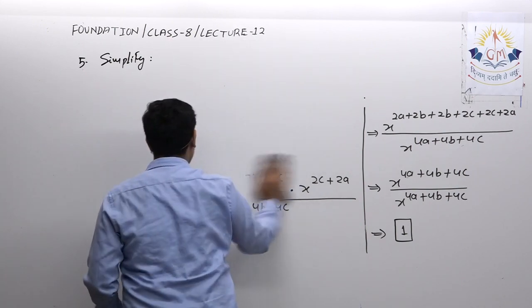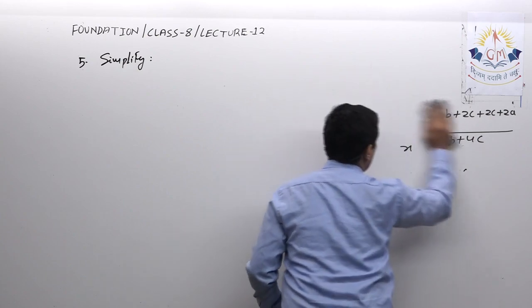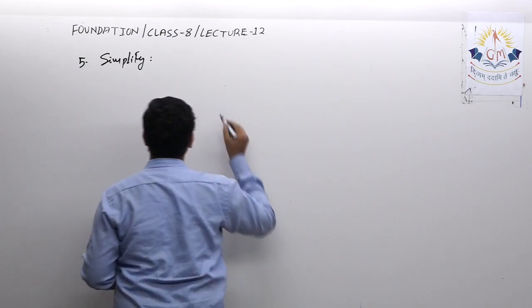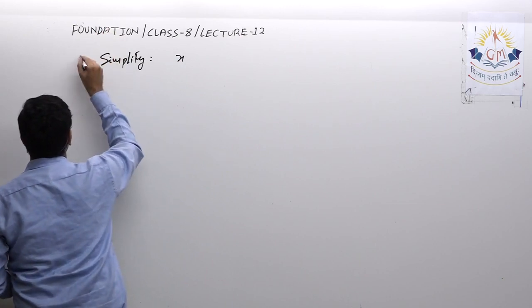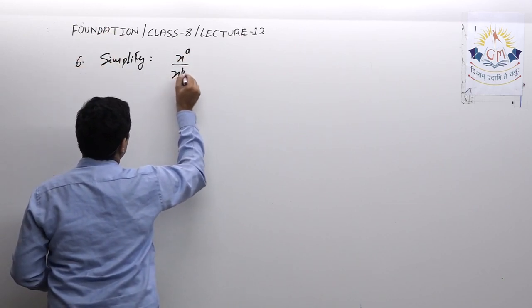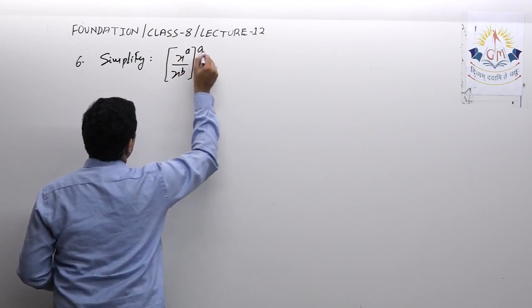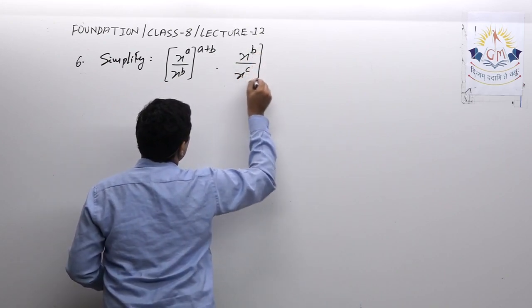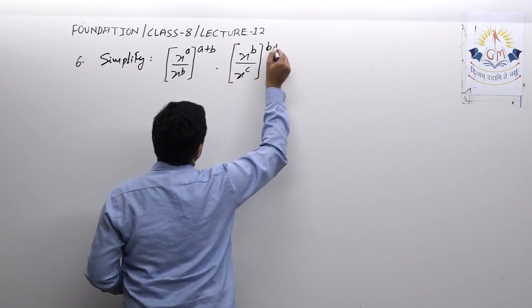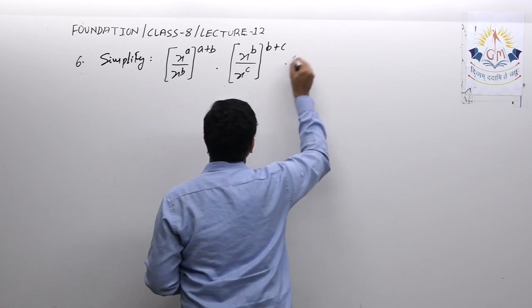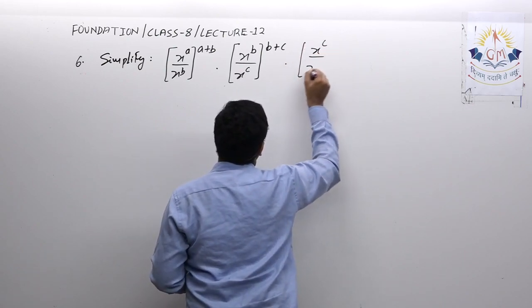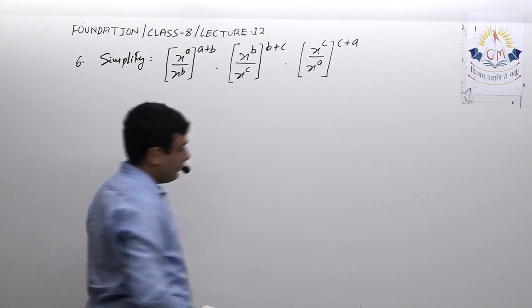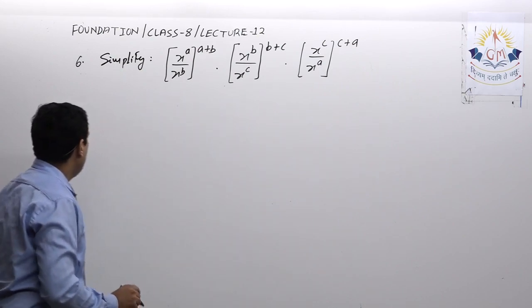Again we have to simplify only. x raised to a upon x raised to b, raised to a plus b, into x raised to b upon x raised to c, raised to b plus c, into x raised to c upon x raised to a, raised to c plus a. Okay, so let us see how to solve this.